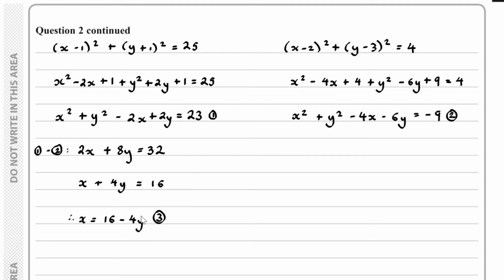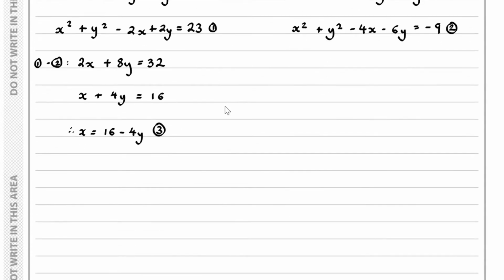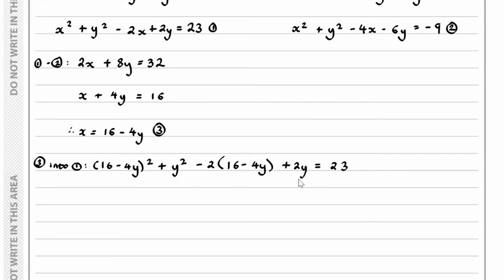What we can now do is determine the value of y by substituting equation 3 into equation 1. So now if we substitute in 3 into 1, we have here x squared, so we've got 16 minus 4y squared plus y squared minus 2x, so we've got minus 2 lots of 16 minus 4y plus 2y. This is equal to 23.